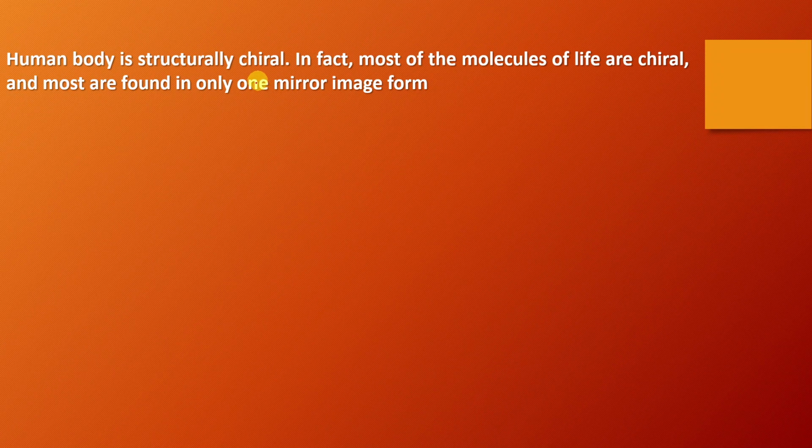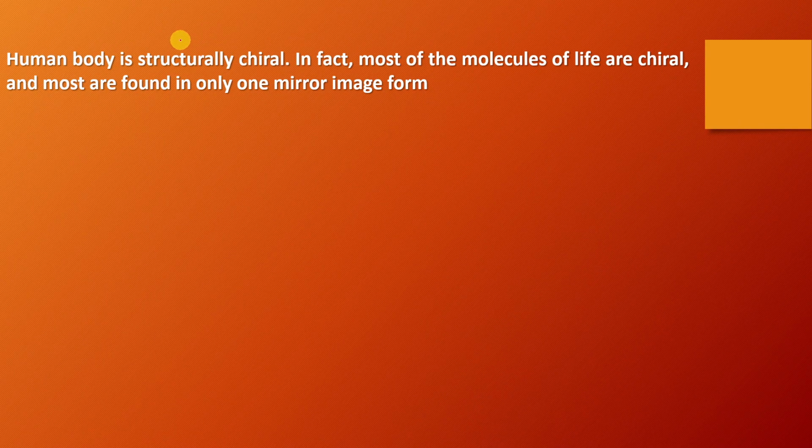Now our human body is also structurally chiral. The examples I gave in the previous slide were from day-to-day experience, but on a smaller scale, the organic molecules that our body is composed of are also structurally chiral.